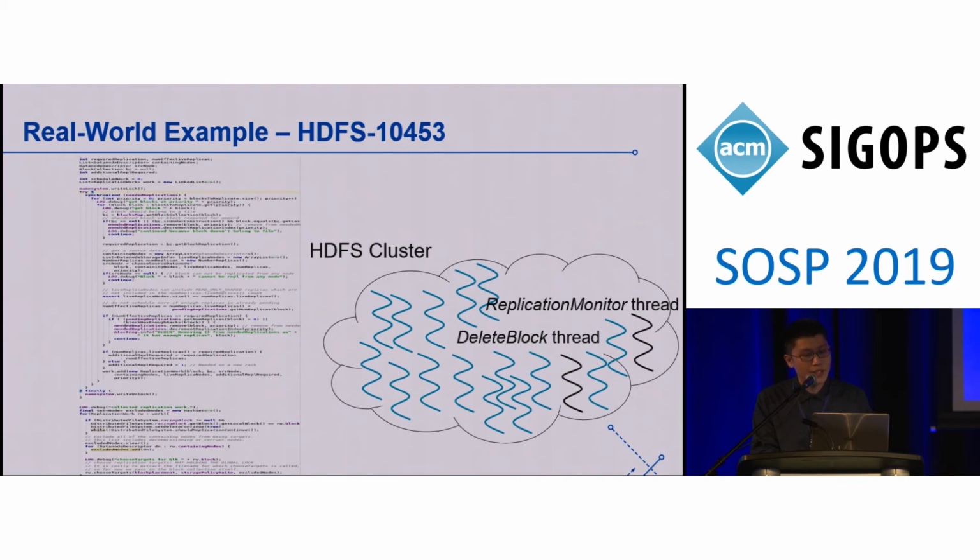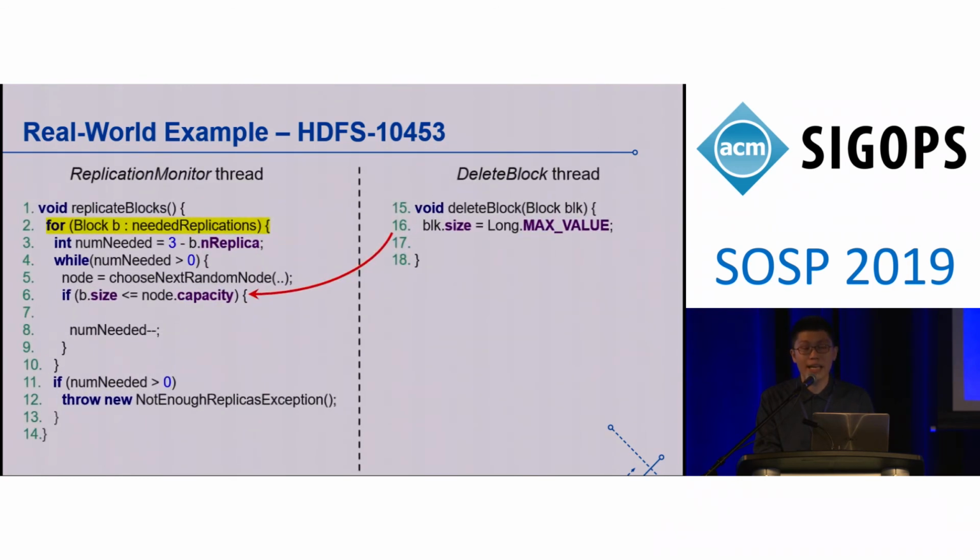First, Charax uses dynamic slicing to remove all the irrelevant threads and the irrelevant instructions. And in fact, even for the other iterations of the loop at line 2, which process other blocks from the needed replication queue, Charax can remove them from the dynamic slice because they are irrelevant to the failure.